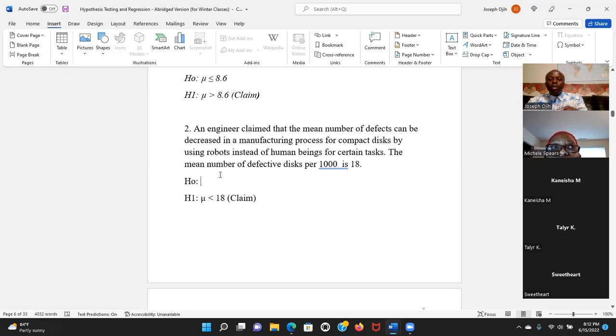When you read the question, you see the keyword that will tell you where the claim will be. And null and alternative, they are always opposing each other. So the opposite of this is greater than. But since we can't use greater than here, you can only use greater than or equal to. So that's what we're gonna use. Greater than or equal to 18.